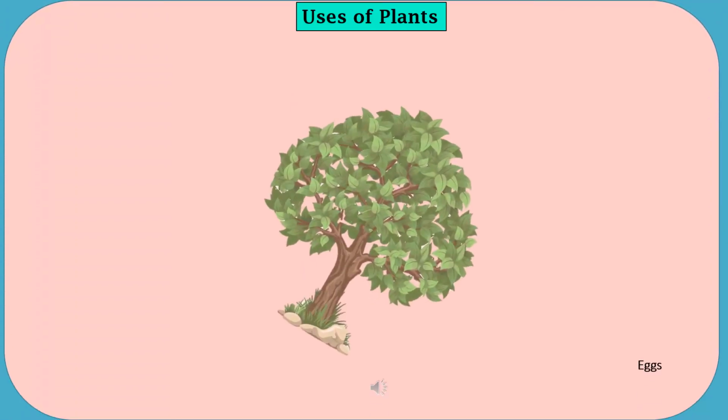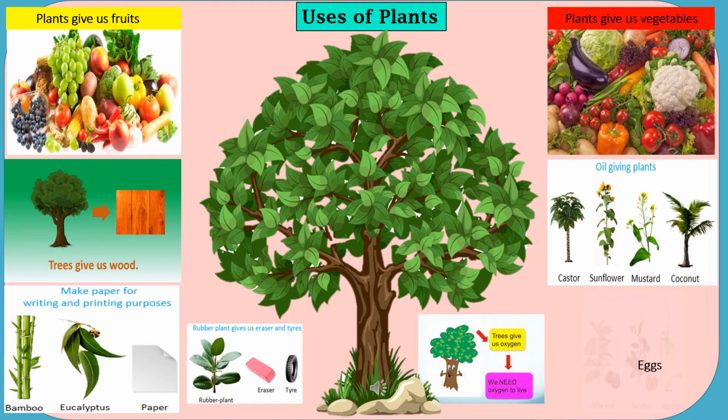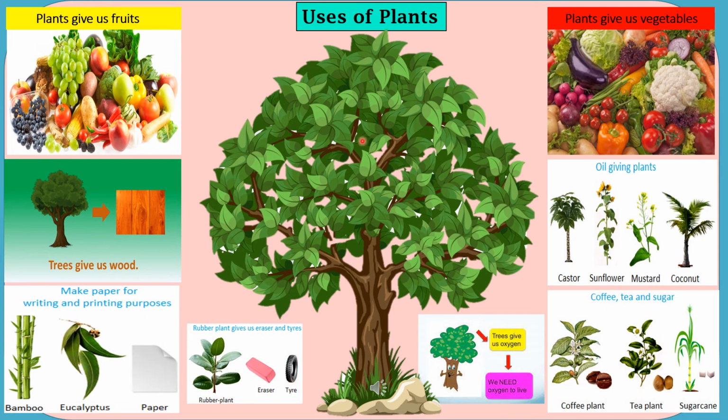So now as you can see on the slide, I have pasted a picture of a big tree. You can draw it also, and then I have pasted some things we can get from the plants. Plants give us fruits, vegetables, and oil can be made from plants like castor, sunflower, mustard and coconut.